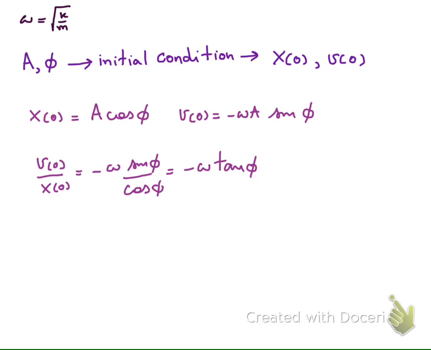Since omega can be determined from the property of the system, from this equation we can get the value of phi. Okay, and once we have the value of phi, we can substitute in this equation or this equation to get the value of A. Okay, so this is a method to determine the parameters of the simple harmonic motion.